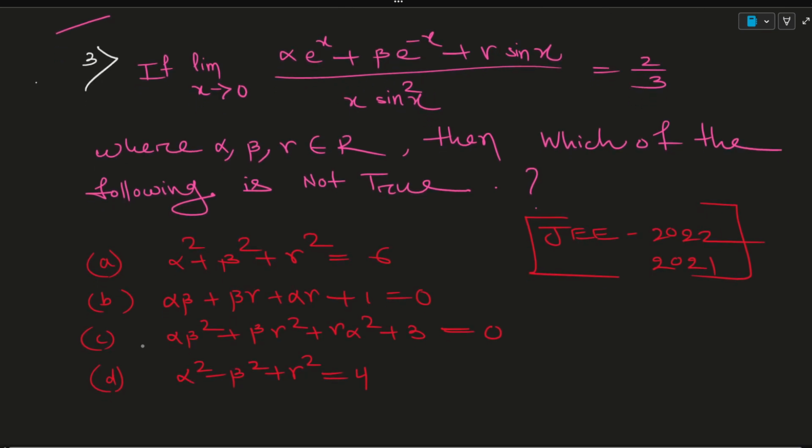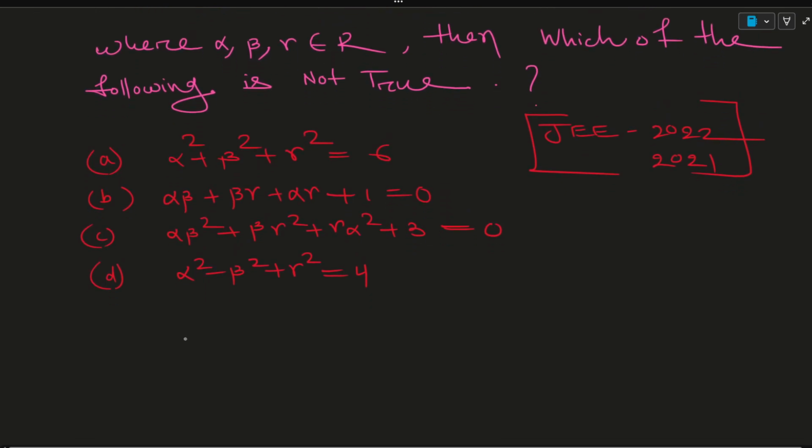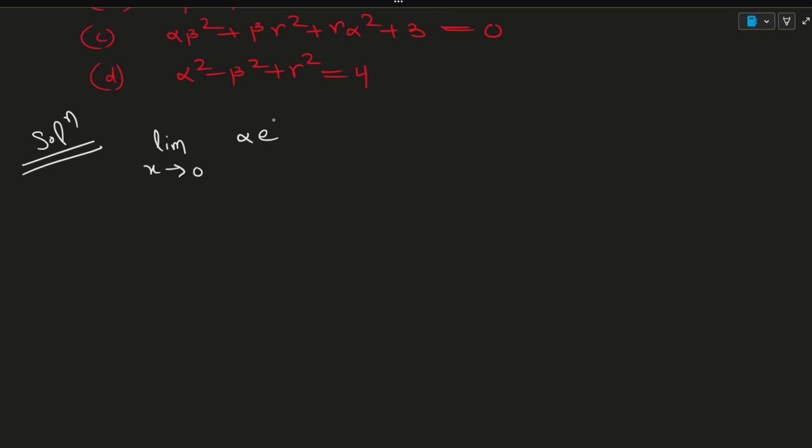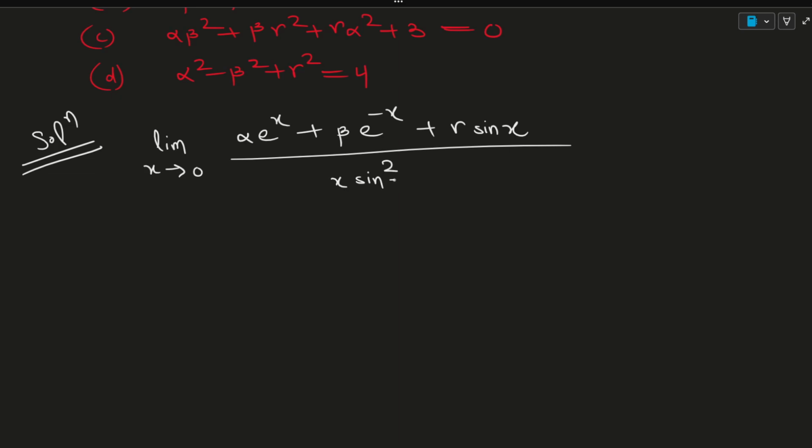So I am writing the above limit: limit x tends to 0, and it is given as 2 by 3.